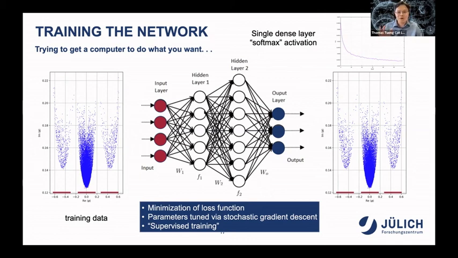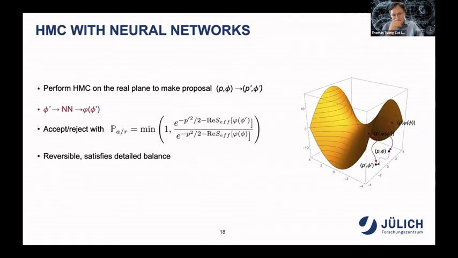Now, once we had the network trained, we had to incorporate that back into our HMC routine, or our stochastic calculation. And that was actually straightforward to do. This slide should look very similar to what I showed a couple slides before. Again, we do the proposal using standard HMC, but instead of flowing from the real plane up to the manifold, we feed it through the neural network, and that gives us its approximation to the manifold.